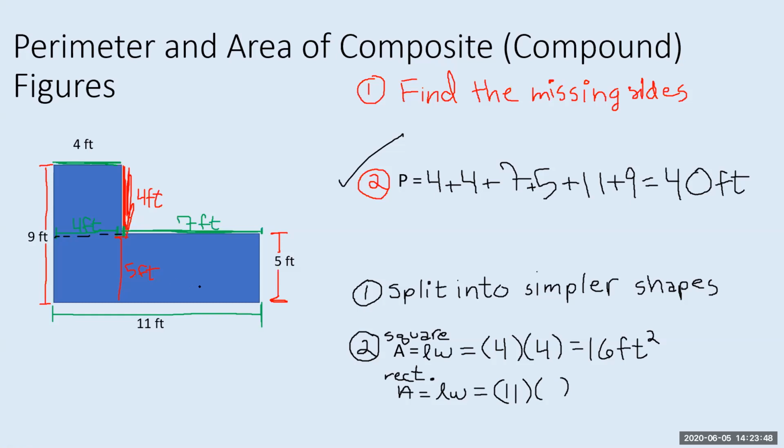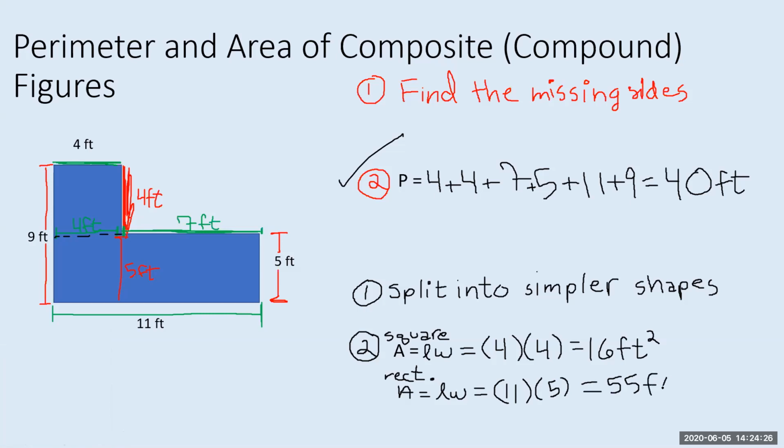When I look at my rectangle at the bottom here, I want to make sure I'm getting the whole length here. So in this case, the way that I split the shape up, I would ignore this 7, because the 7 only gets me this portion of the rectangle. I want the whole length of the rectangle. So 11 feet long by 5 feet wide. And 11 times 5 gives us 55 square feet.